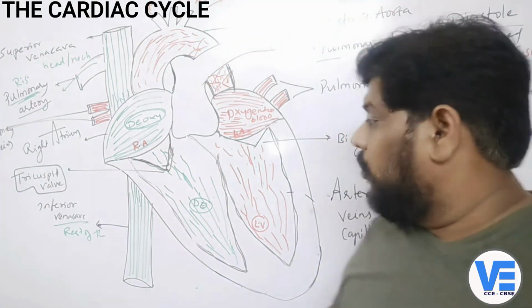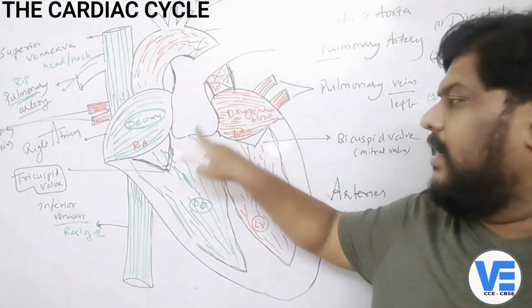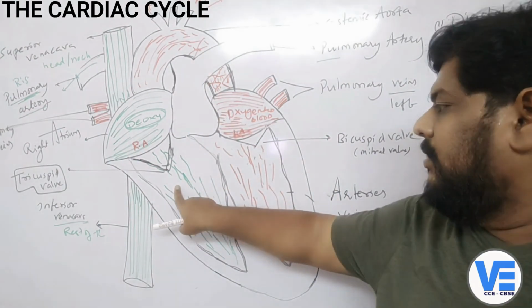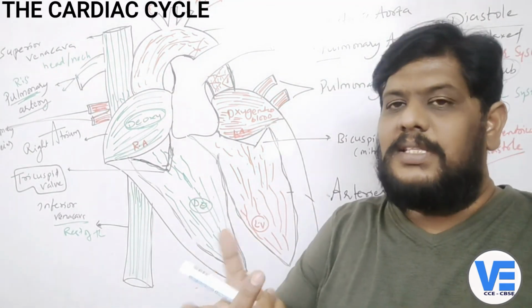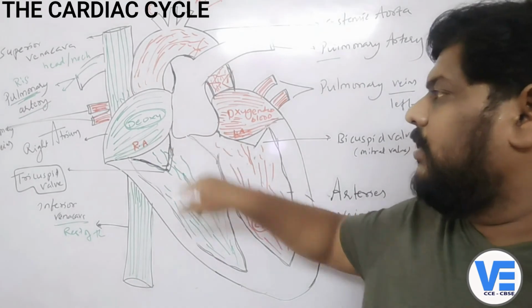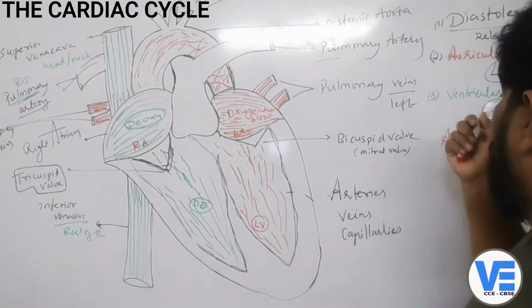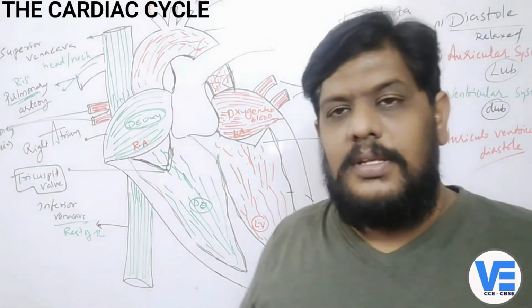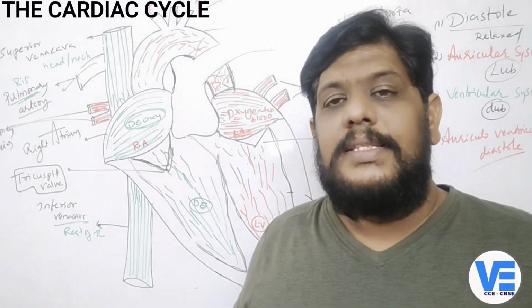When the blood comes here, the auricles will relax, right? And when the blood from here goes to the blood vessels, the ventricles will relax. So that is the ventricular diastole. On the whole, all these four chambers will relax. Then it's called the auriculoventricular diastole. So this is about the cardiac cycle.